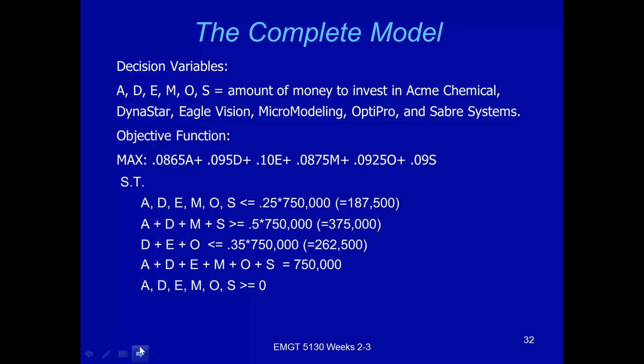So the first thing we're going to do will be to implement this model in Excel. Okay, and we did have this investment problem formulated last time from the class, and this shows the complete model.